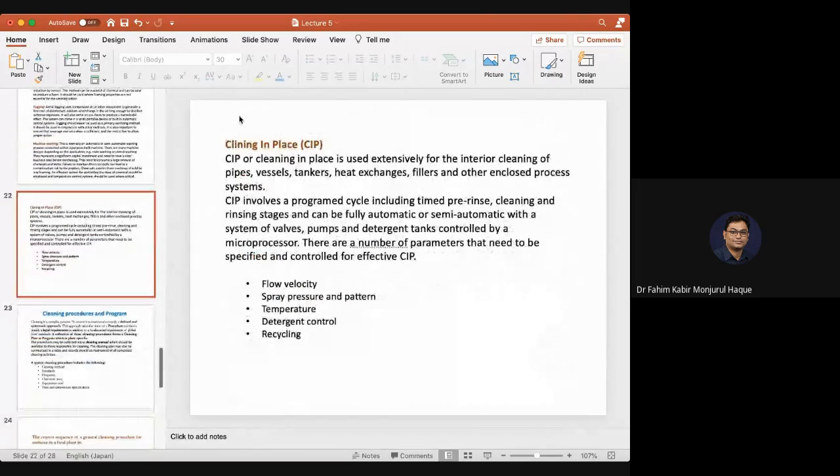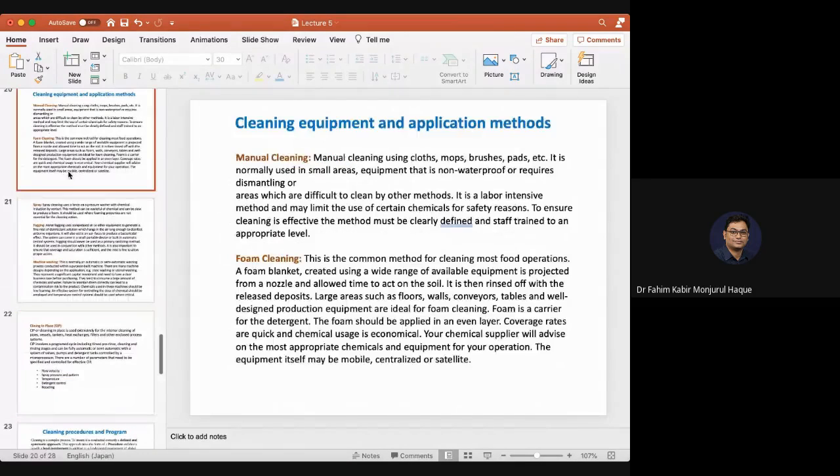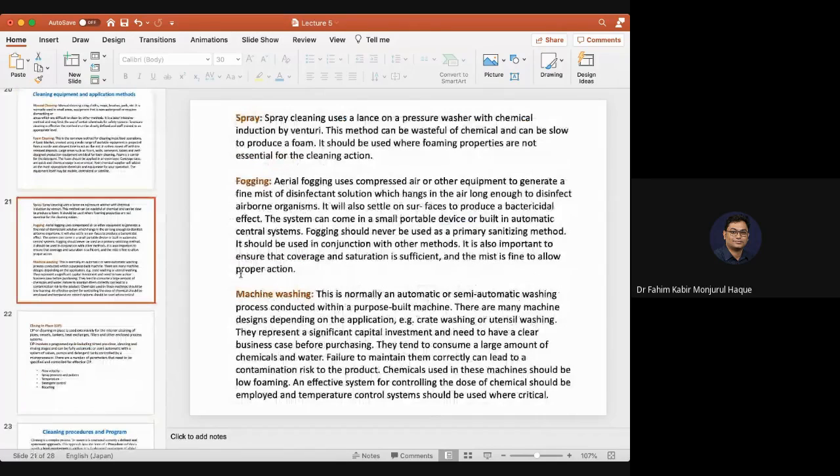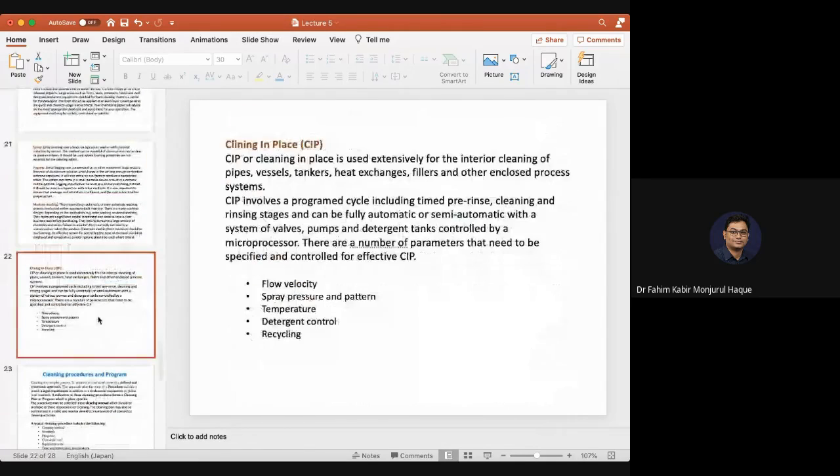Then CIP, cleaning in place. This is basically used where we cannot use the other procedures, for example inside a machine which is non-removable.